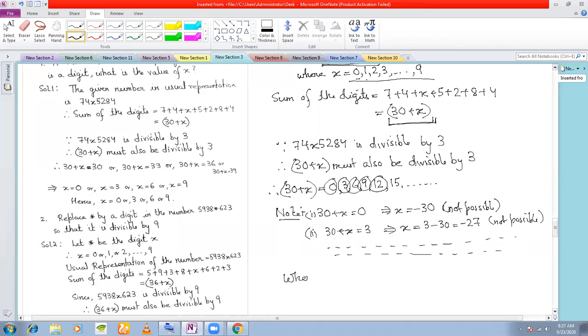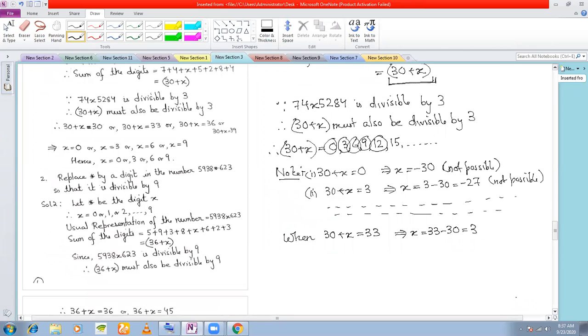when we take a number just greater than 30 which is divisible by 3, what is that number? It is 33. So when you solve this, you get x is equal to 33 minus 30, which is 3. So 3 you can accept because it is between 0 and 9.